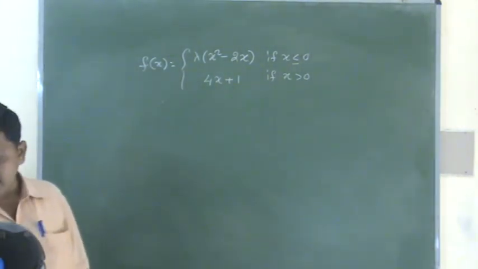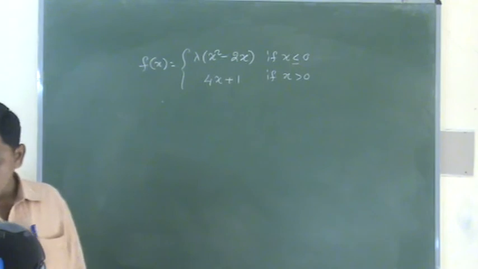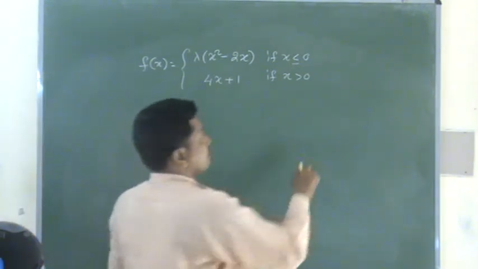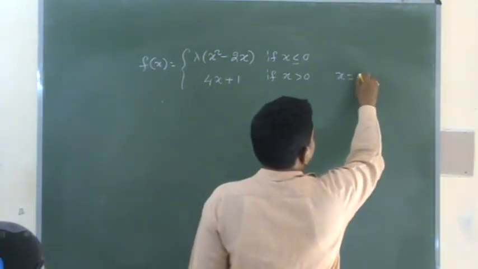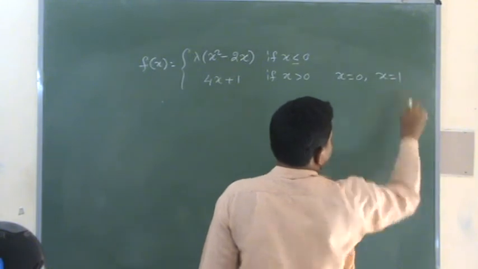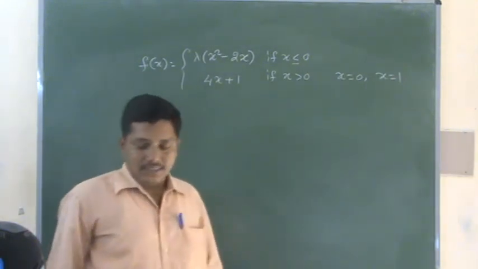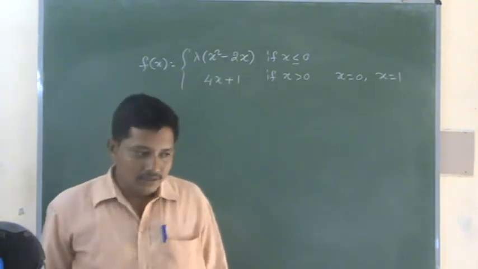Then it is continuous at x is equal to 0. And what about continuity at x is equal to 1? So they are asking what happens at 0 and what happens at x is equal to 1.